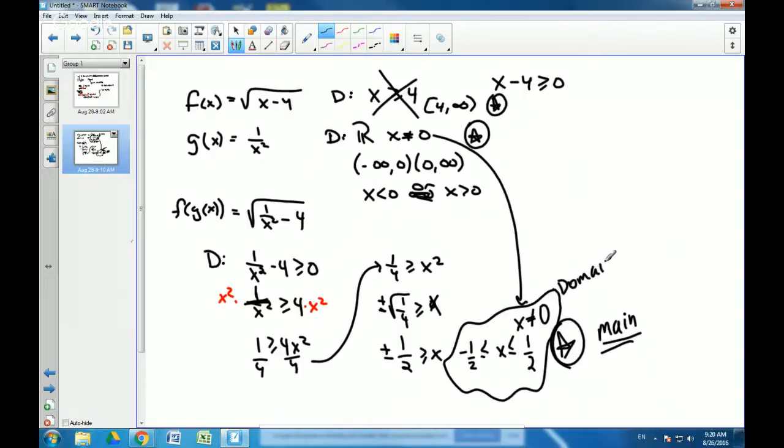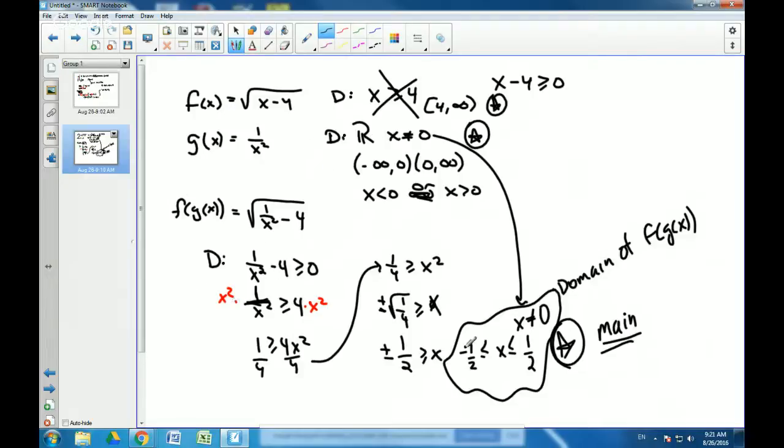This is perfectly fine for domains. This is the domain for f. This is the domain for g.